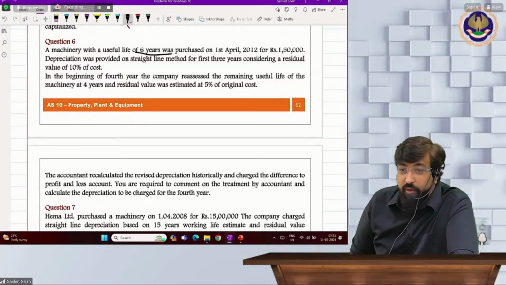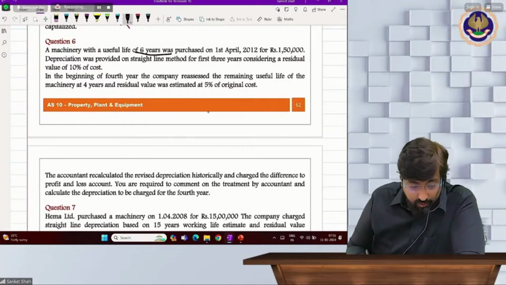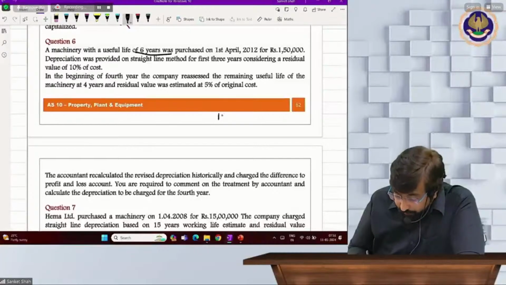Correct answer, Rashmi, you are getting the same correct answer. 18,750 is the correct answer. See the answer now. Opening WDV is 1,50,000.